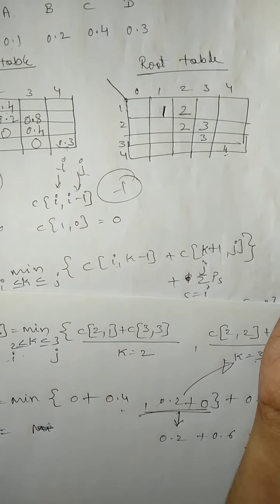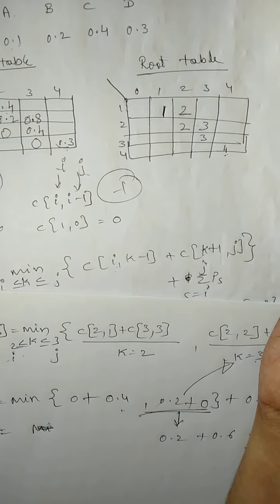So this is the minimum value. So 0.4 plus 0.7 is 1.1, correct. Therefore, I have to fill 1.1 here, and which k value has yielded this minimum? K value 3. Therefore, you have to fill k value 3 in the root table. So please continue like this. You will get the value 1.4 here, 1.7 here, and the key value 3 here.